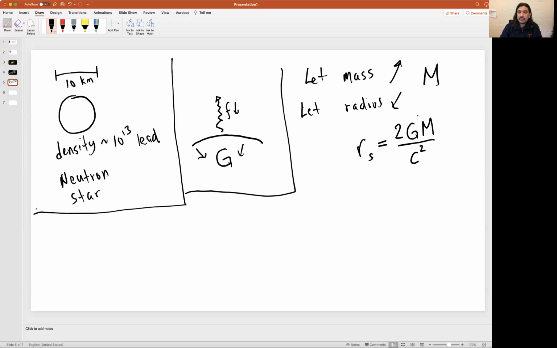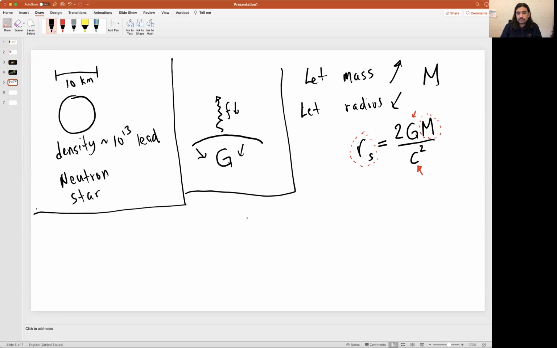So this is a constant, constant, constant. The only thing that we're changing is what is the mass of the system that we're looking at. So if you have a high enough mass, if it collapses into a radius that is about this size, then you have reached the, this is called the Schwarzschild radius.